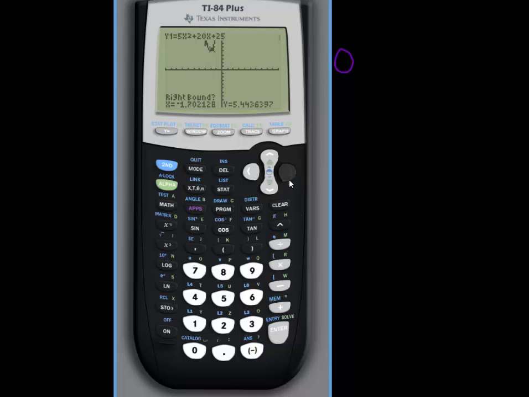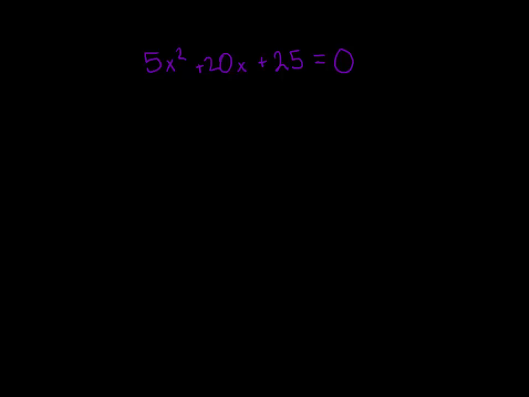There's my left bound, there's my right bound, and then here's my guess. Voila! The vertex is at -2, +5. Which means you can go right here and plug everything into your vertex form.